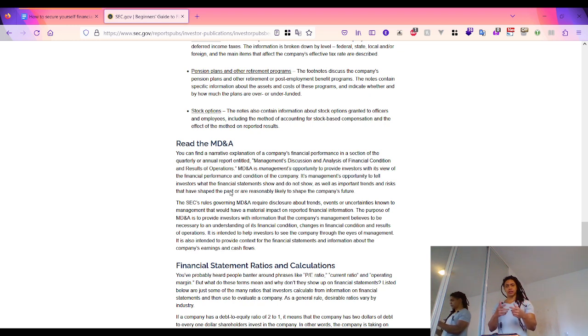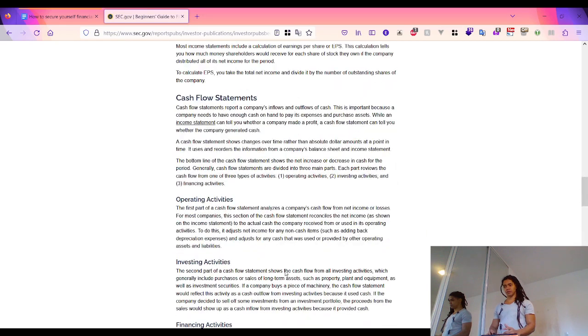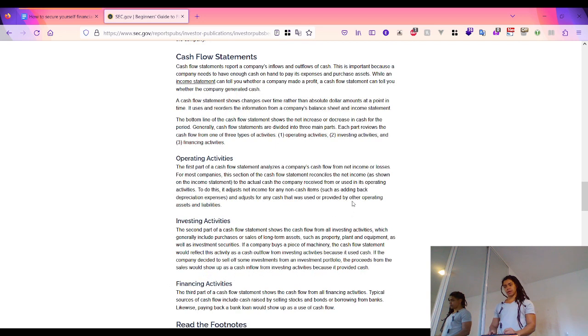and additionally any cash that was used on or received from operating assets and liabilities, meaning operating assets such as accounts receivable or others, something that they describe here as other operating assets and liabilities.